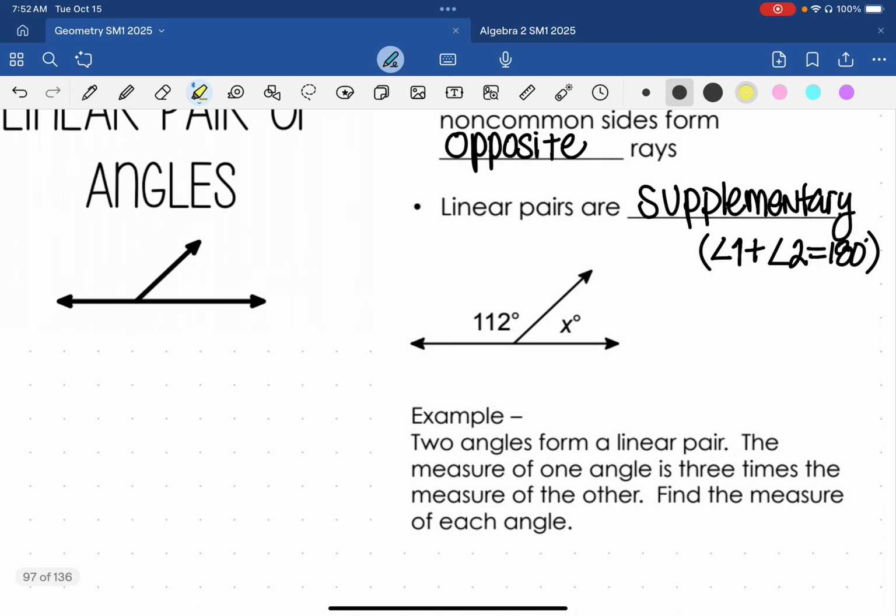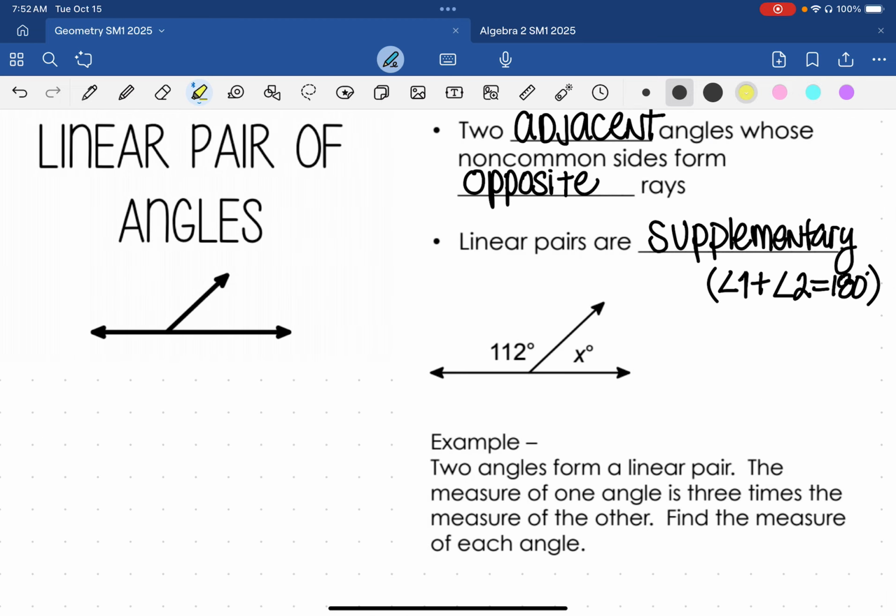Two angles form a linear pair, so there's that word right there. We don't have to draw a picture. We use the word, it implies that they add together to 180 degrees. The measure of one angle is 3 times the measure of the other. Find the measure of the angles.